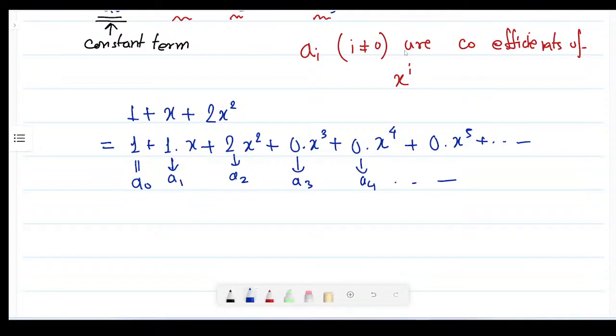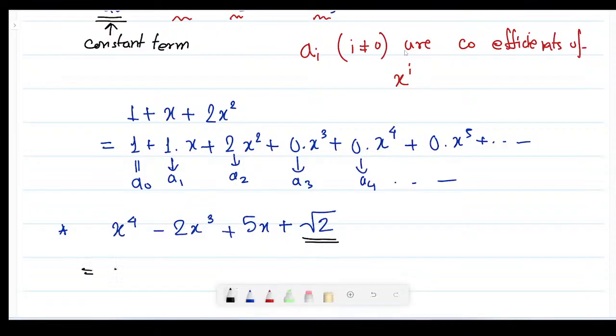Next, another example is x to the power 4 minus 2x to the power 3 plus 5x plus root over 2. Now, is this a polynomial? Let me check first, comparing with the general expression. This is our constant term because there is no variable in this term.